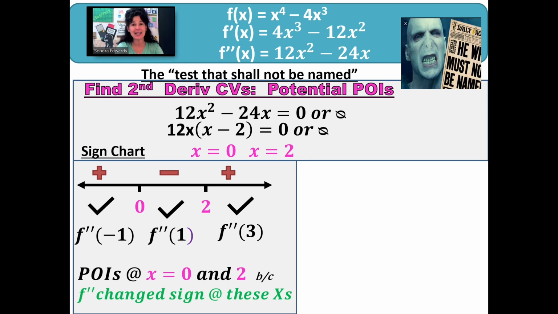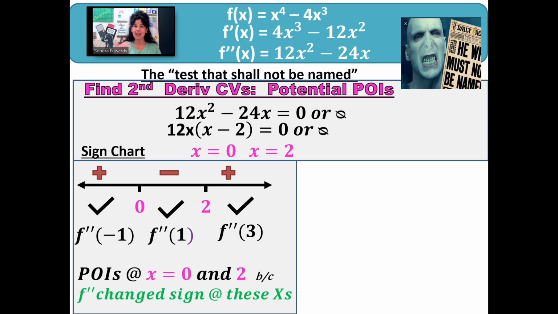All right, so that's the test. And I will say this test often is accidentally called the second derivative test. You can kind of see why, because when you perform the first derivative test, you find the first derivative critical values, you make a sign chart, and then see if the sign changes. Here we found second derivative critical values, put them on a number line, made a sign chart, and looked to see if the signs changed.